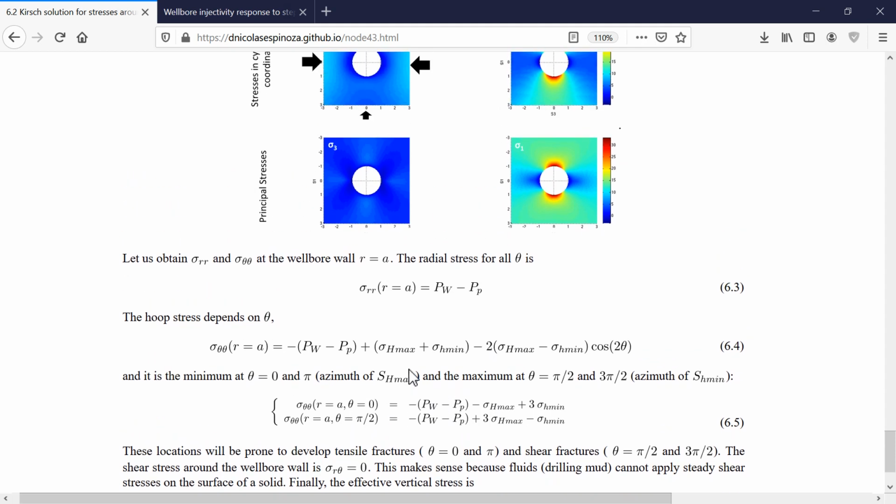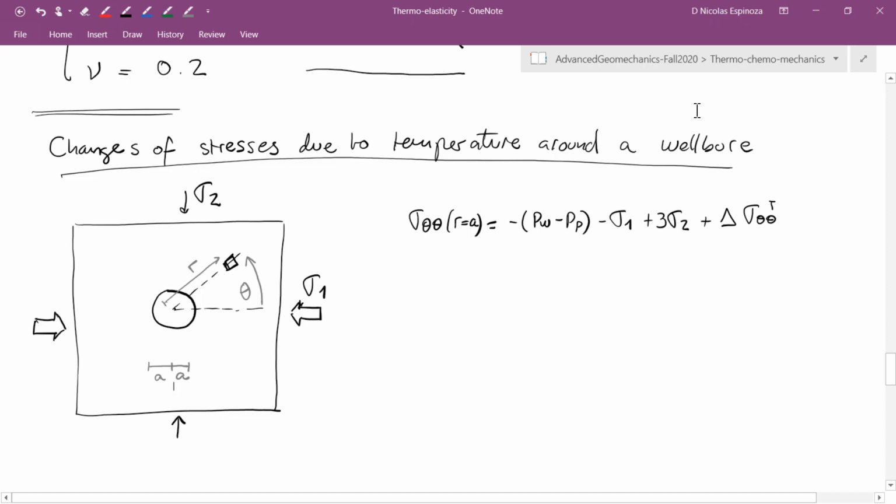Again, you can go here to my notes to see the full solution, but let me come back to my OneNote. And this is where my mistake was before. This is going to be the solution for sigma theta theta at R equal to A, and in this case, at theta equal to 0.